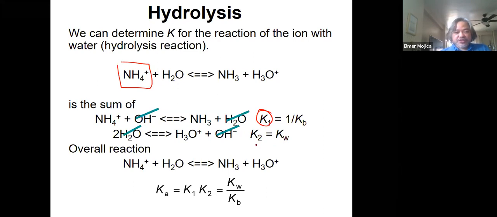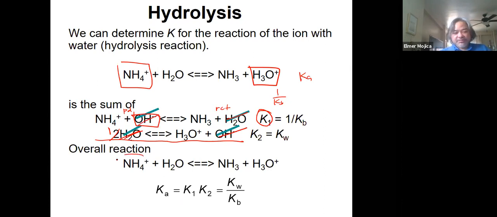Anytime you reverse a reaction, you get a new K that's the reciprocal of the previous one. Combining these two reactions, one of the H2O is canceled, and the OH- cancels out.